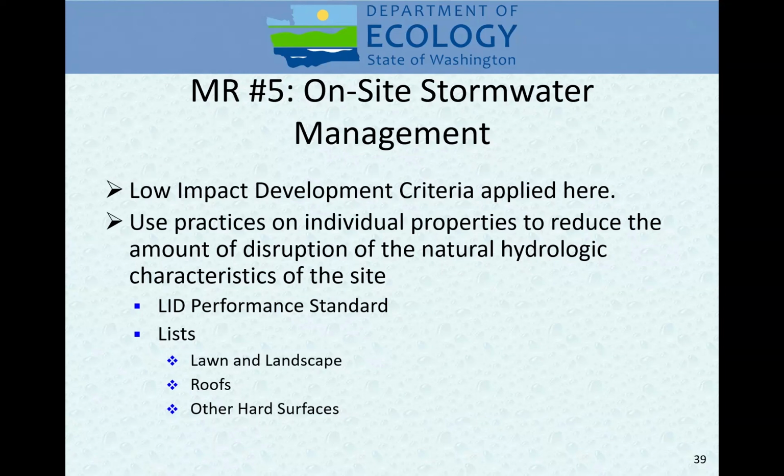And that's where you actually use WWHM to show that runoff from very low intensity, frequent storms has no greater duration than pre-development. And if you can't do that, then we don't want you to get by without doing anything. So we've created a list of BMPs for lawn and landscape, roofs, and other hard surfaces that you must do if they're feasible.